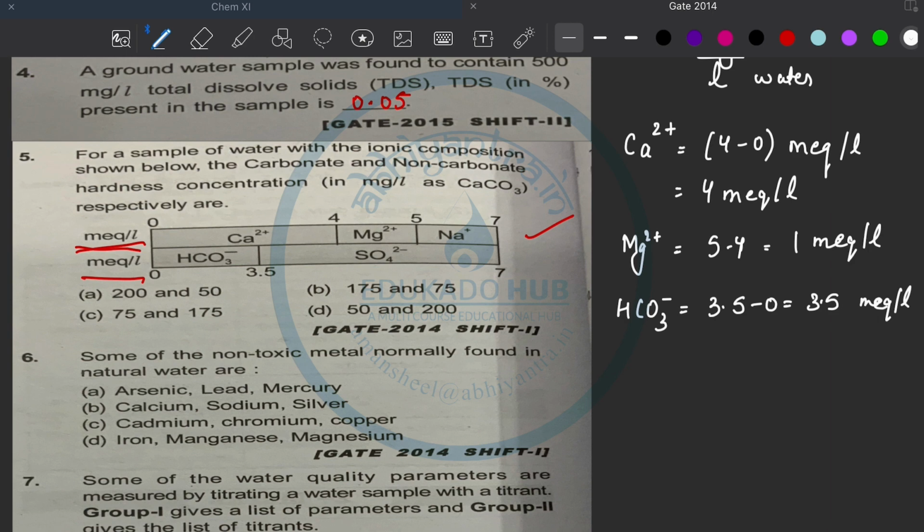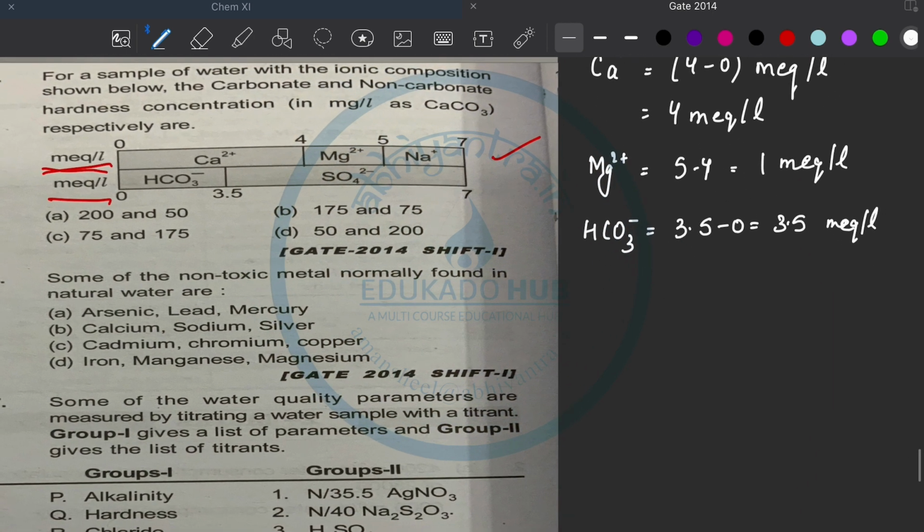So we have these values. Now hardness. What is hardness?